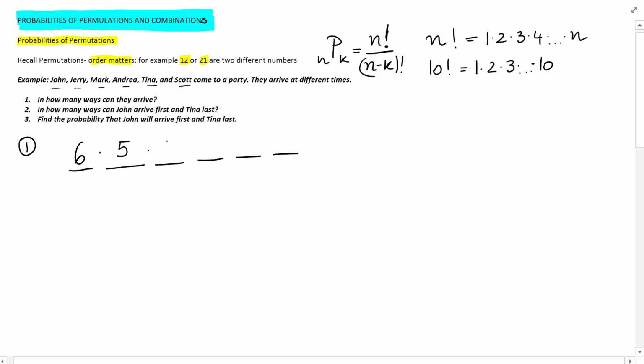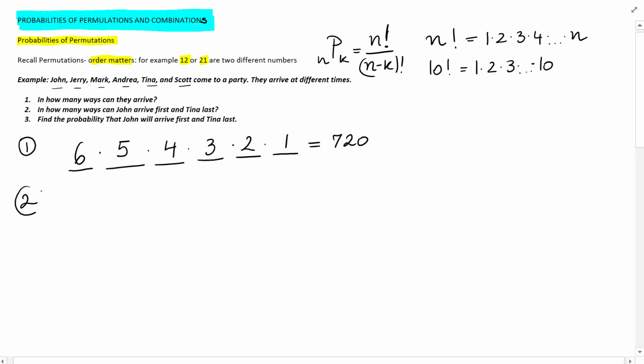And then once 2 people are already there, there are just 4 left. And then 3 times 2 times 1. So when we do the product, we end up with 720. So there are 720 ways these 6 people can arrive at the party. So John can arrive first, or Jerry can arrive first, or Mark, and so on.